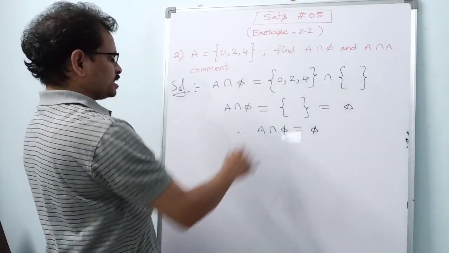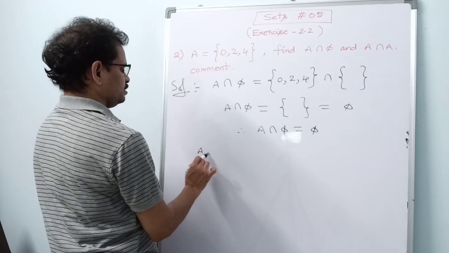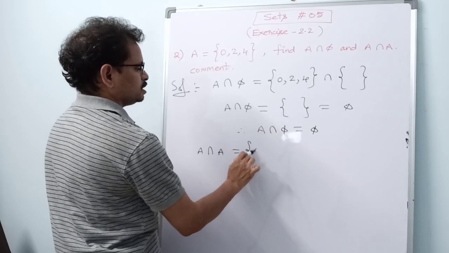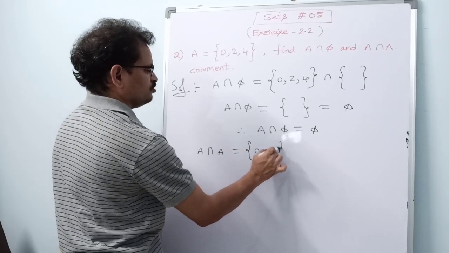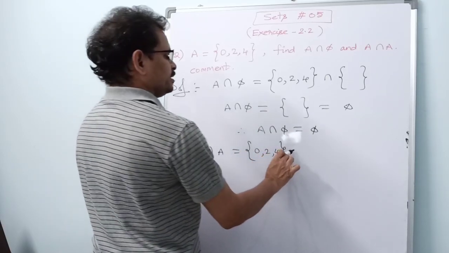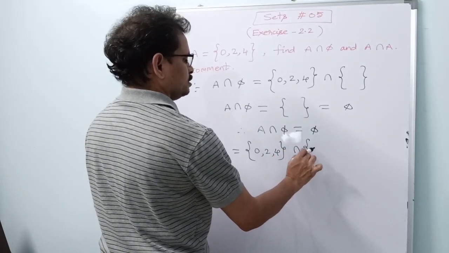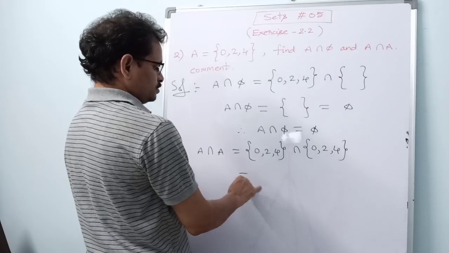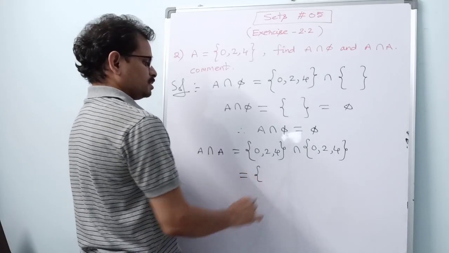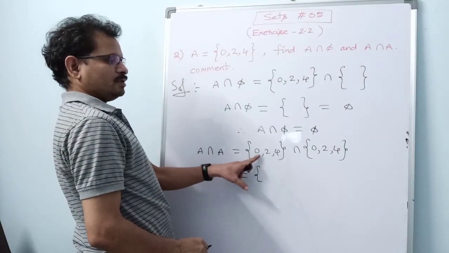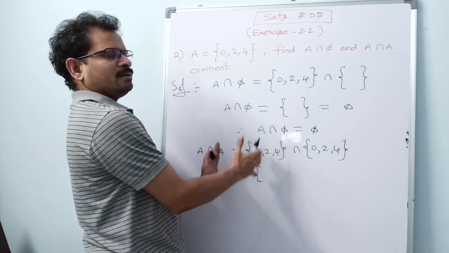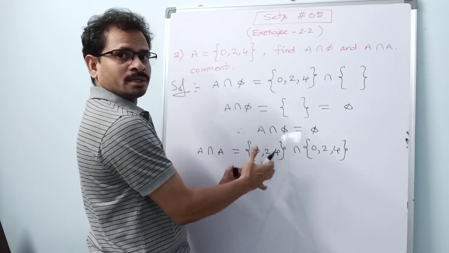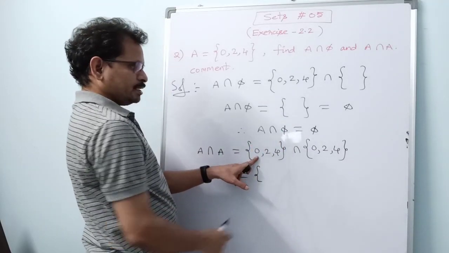Next, A intersection A. This is equal to how much? Let us check. Write down {0, 2, 4} intersection again {0, 2, 4}. We have to write common elements, and the elements should be common in both the sets. 0 is there here, 0 is there.